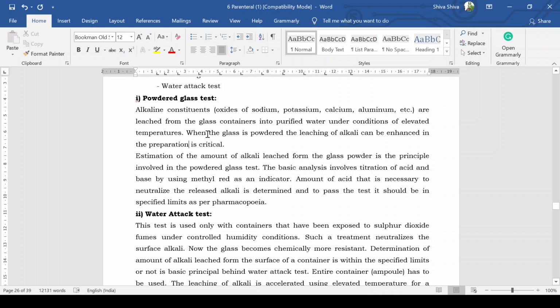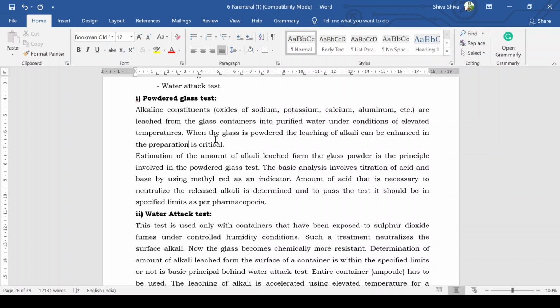Now, when the glass container is intact, the surface area coming in contact with the product is less. But when that glass is converted into powder form, at that time the powder glass test is carried out. So estimation of the amount of alkali leached from the glass powder is the principle involved in the powder glass test.